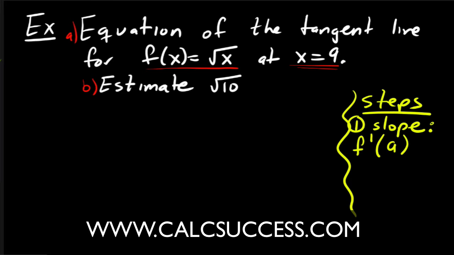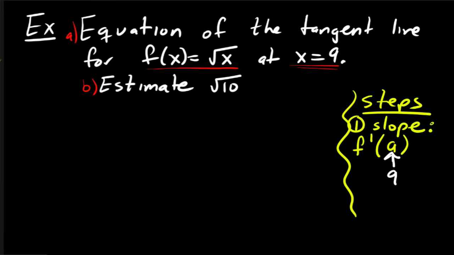In this case, my a that I'm writing down here is going to be 9. Remember that the derivative at a point gives you the slope of the tangent line. So here, since I'm looking for the slope of the tangent line of this function at 9, that means I'm going to find the derivative at 9.